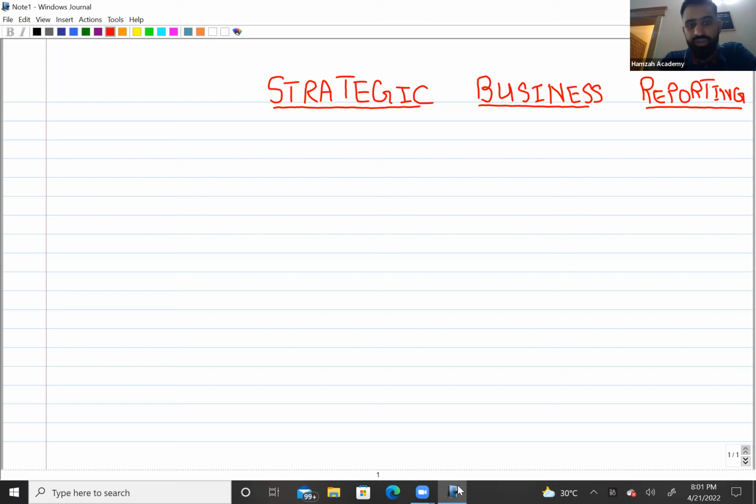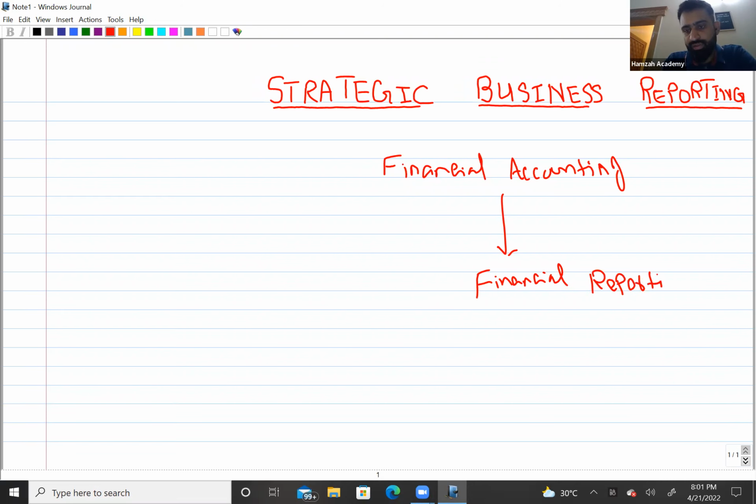If we discuss the journey of this paper in ACCA, this journey started from the paper of financial accounting, then we have the financial reporting paper, which is known as FR or F7, and now we have the final paper of reporting, which is known as SBR, Strategic Business Reporting.